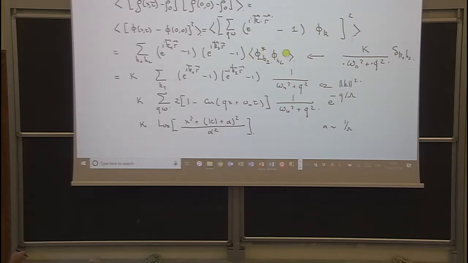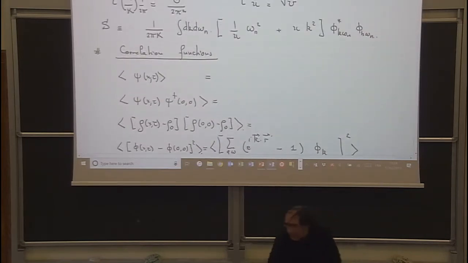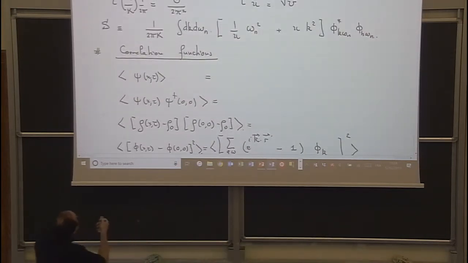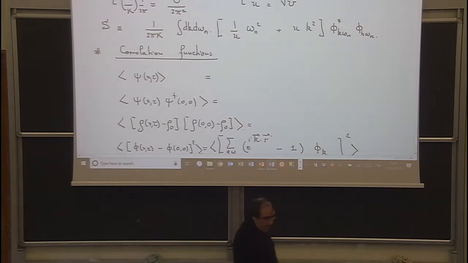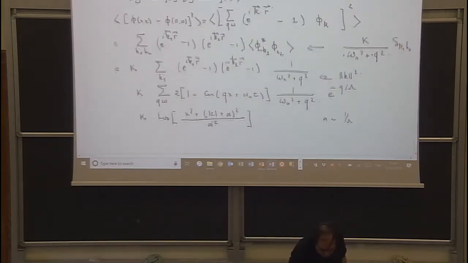Now, to do this quantum average, I use the fact that my Hamiltonian is Gaussian. So the average of the product is just the inverse of the coefficient which is in the Hamiltonian, which is essentially this one. And there is a delta function because my Hamiltonian is diagonal, so minus K1 has to be equal to K2. And I was still missing a q, like on the line.